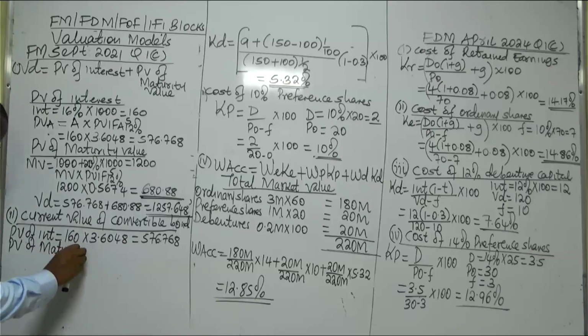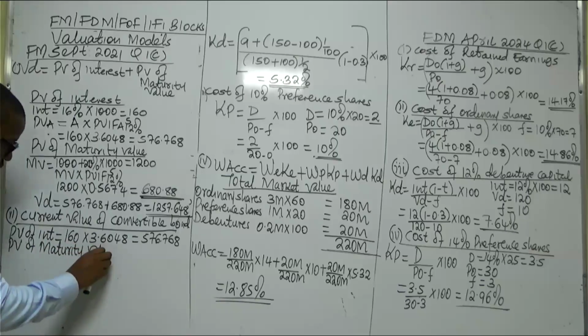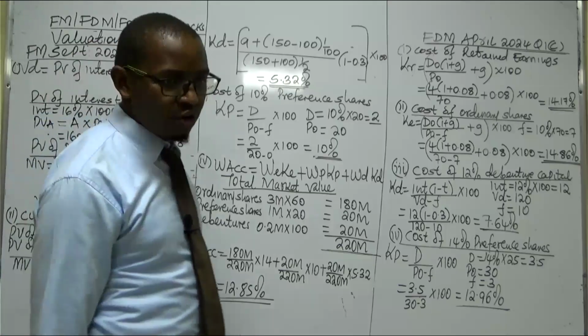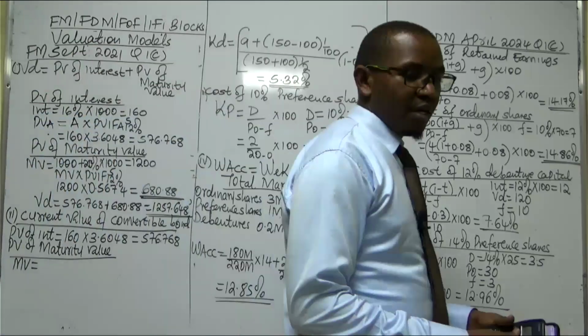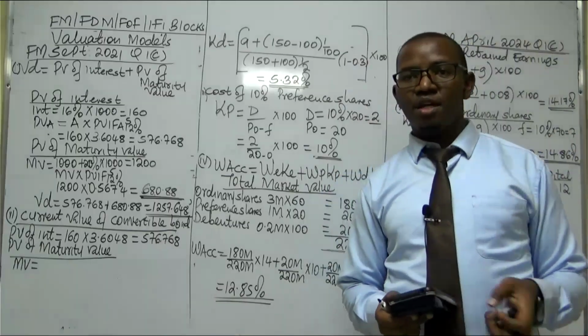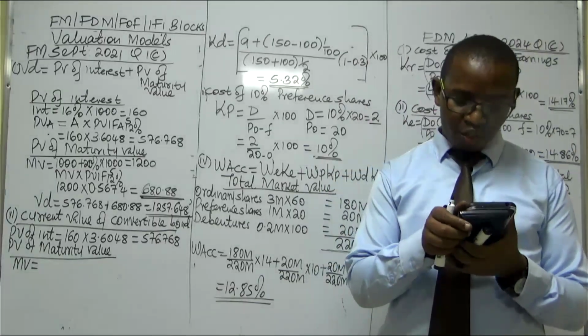What will change is now on the present value of maturity value. Now on this, we said we make the maturity value reflect the current market conditions. And the current market condition is that at expiration of the bond, it can be converted into ordinary shares. How many shares?